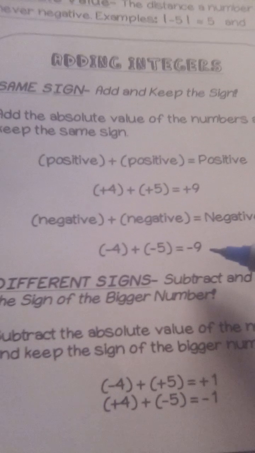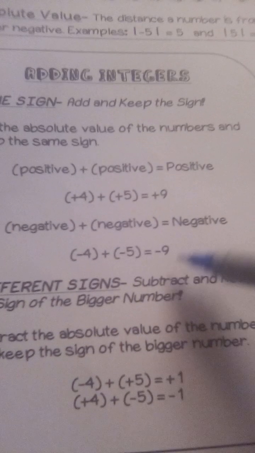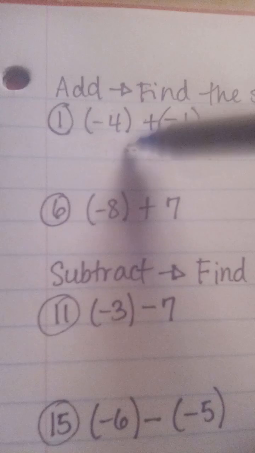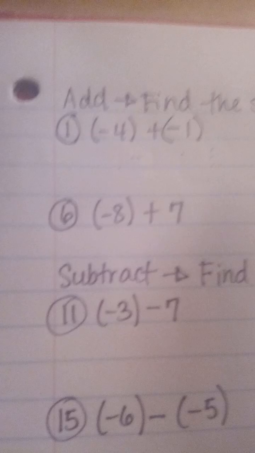So far, you see the difference between this problem, number 1, and something similar like this, right? So the answer we have in front of us is going to be a negative. I'm going to show you why. So when you see this, it's actually going to be the same sign.